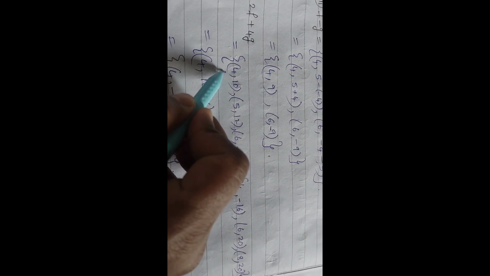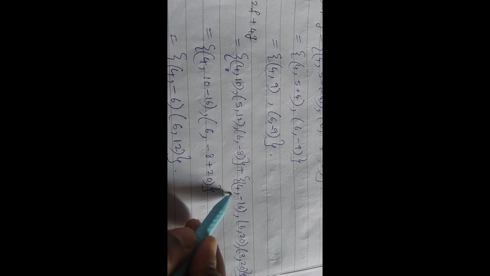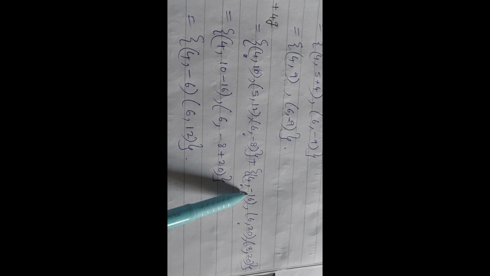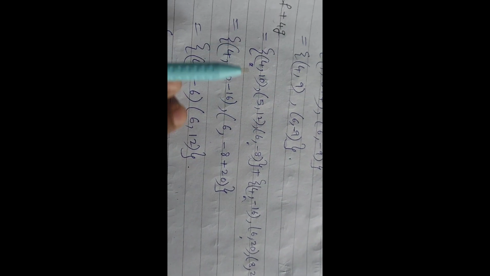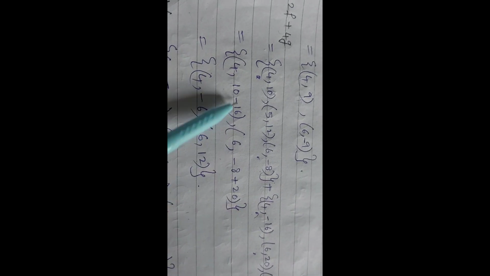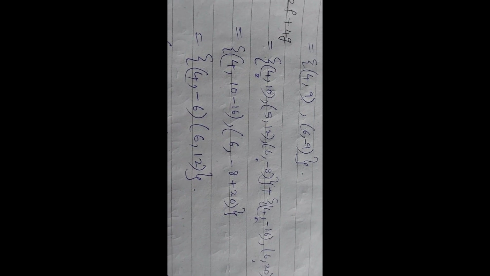For 4g, multiply the g table: 4 comma 4 times minus 4 is minus 16, 6 comma 4 times 5 is 20, 8 comma 4 times 5 is 20. Next we take the common parts again, 4 and 6, and add: 10 minus 16 is minus 6, and minus 8 plus 20 is 12.